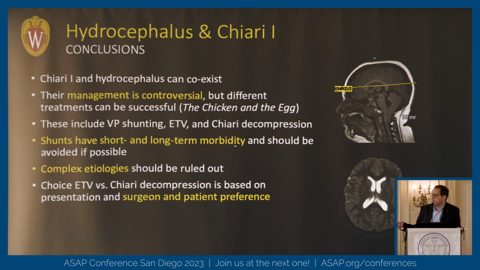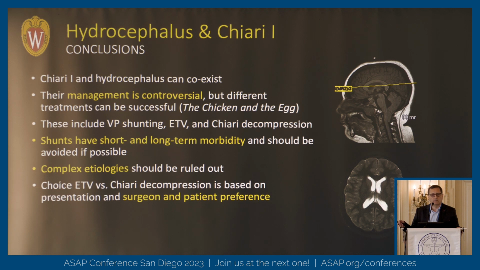Shunts have short and long-term morbidity that is absolutely proven. In 70 years of shunting now, ask any pediatric neurosurgeon in the audience, and they should be avoided if at all possible. And the choice of ETV versus Chiari decompression is based on presentation as well as surgeon and patient preference. So the question always comes back to etiology.